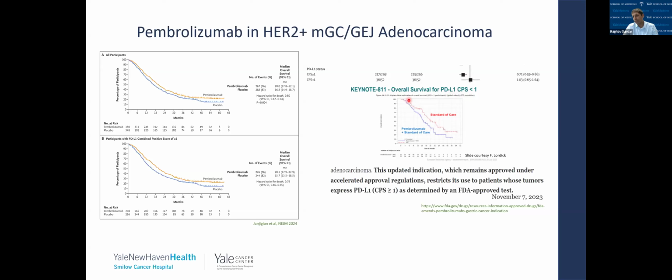In this group of patients, the survival was actually poorer for the patients that received pembrolizumab compared to standard of care. That led the FDA to update the indication for pembrolizumab and restrict it only to patients whose tumors had both HER2 and PD-L1 co-expression.